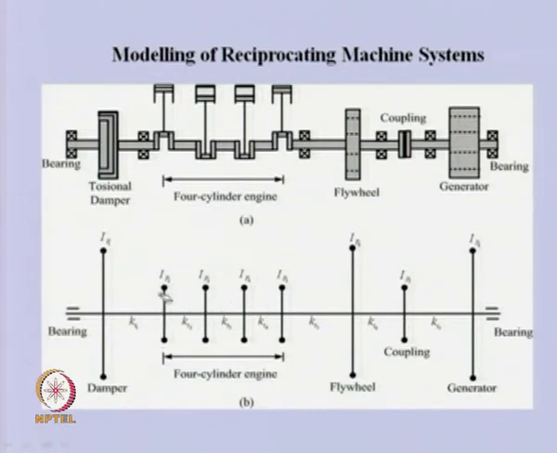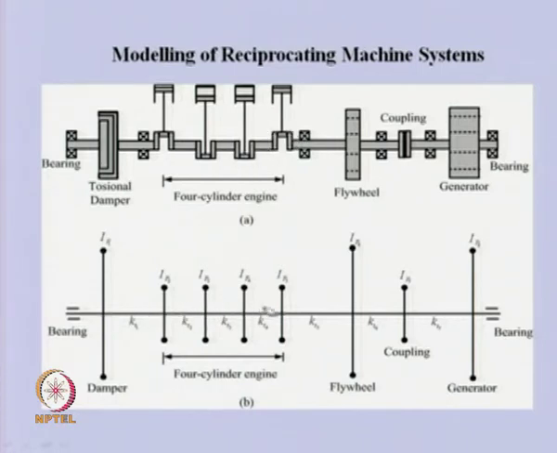So, these are the revolving masses of this engine, and whatever shaft is there, we can obtain an equivalent uniform shaft using analysis of these cranks, either by experiment or by some kind of FEM package.